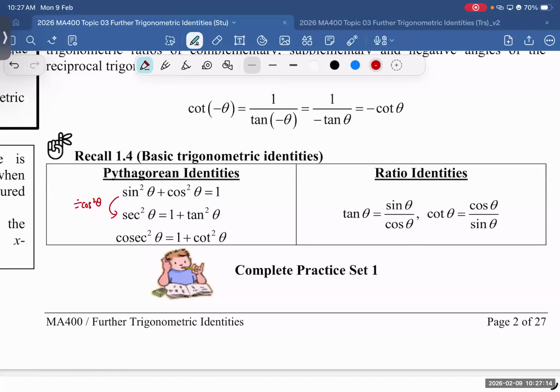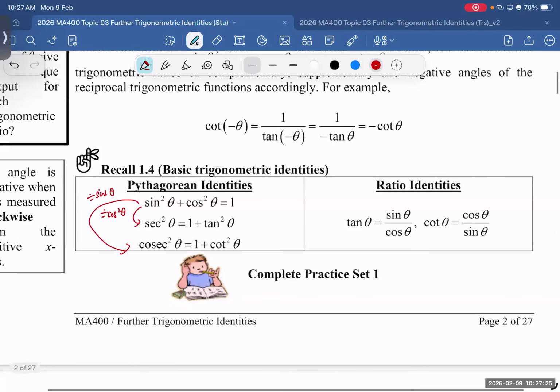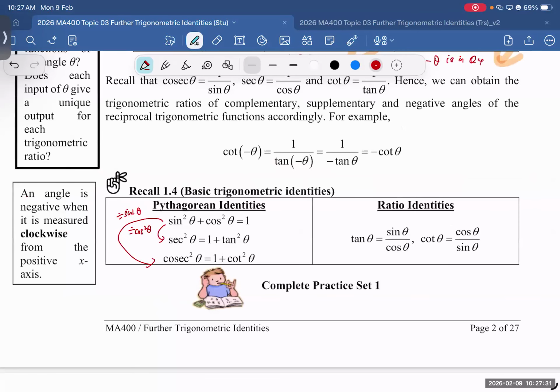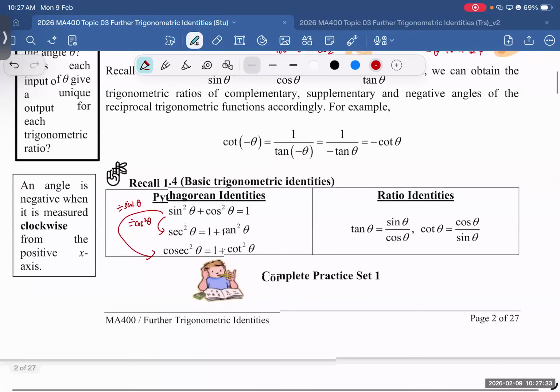Here to here, you just divide both sides by sine square. But I want you to know, not because I want you to memorize. Hopefully you memorize, but you must know that all these are at your fingertips. By the time you are in H2, you should be able to write all these out at your fingertips.